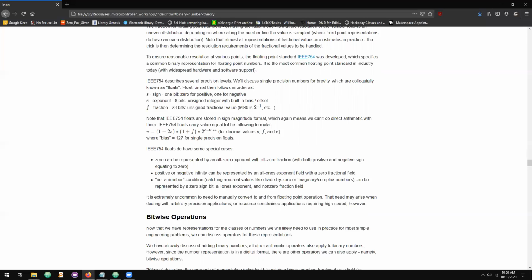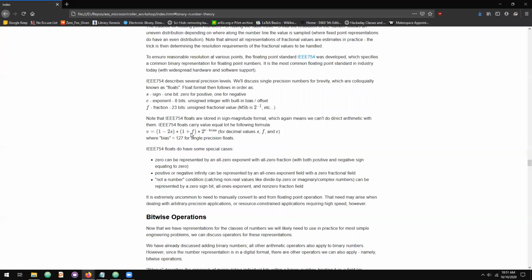So the value we get is, if we're treating S as a signed binary value, so it's either a 1 or a 0, this relationship basically gets us either a 1 or a -1 multiplier for the rest of this value.